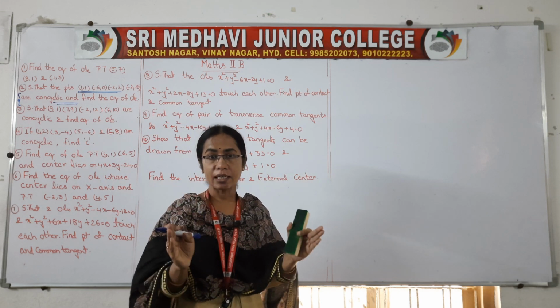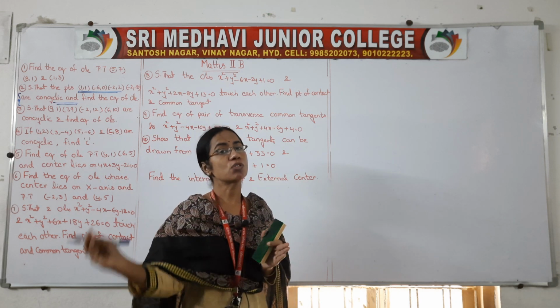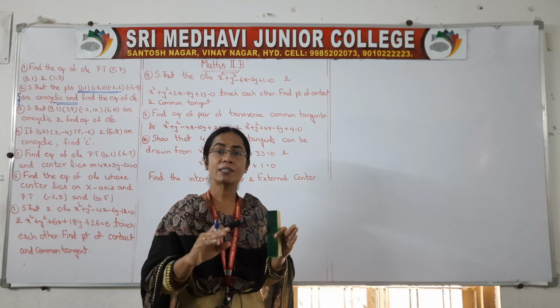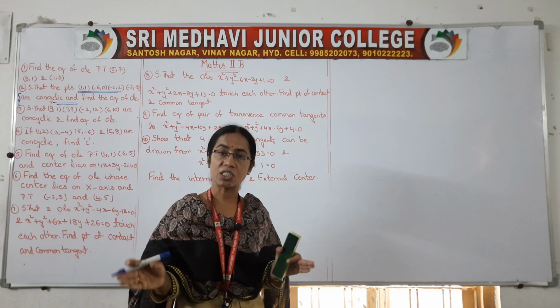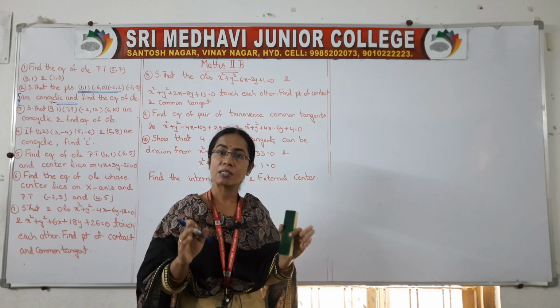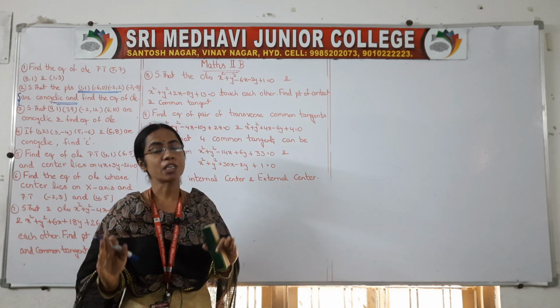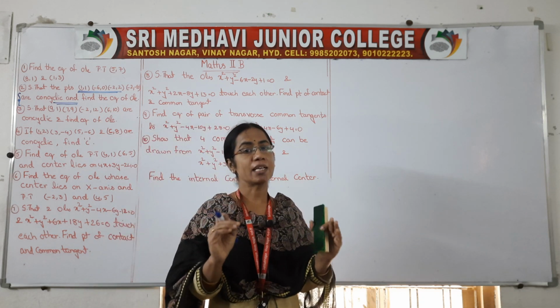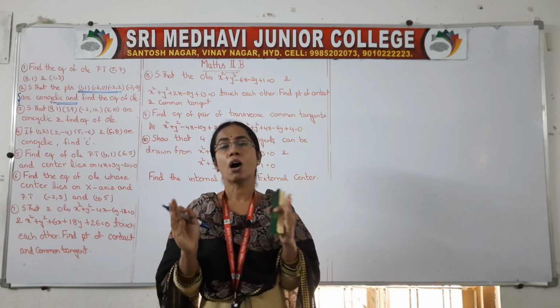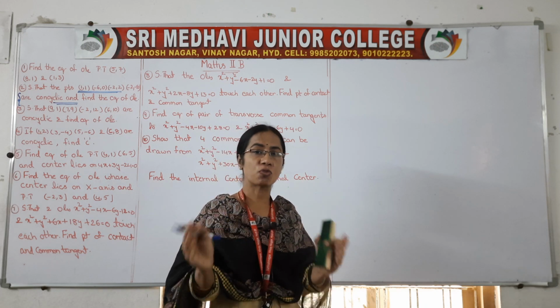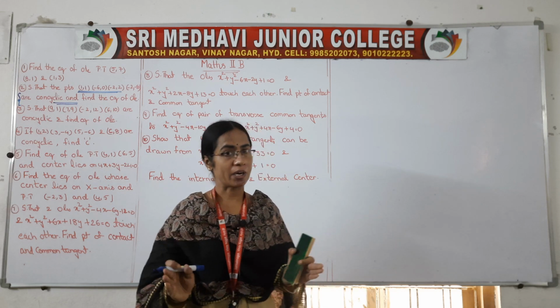Now in that circle equation you substitute the 4th point, right? If that point satisfies that circle equation, then we can say that these points are concyclic. Okay, concyclic means the points which lie on the same circle. If all the 4 points lie on the same circle, then we can say that those 4 points are concyclic points.